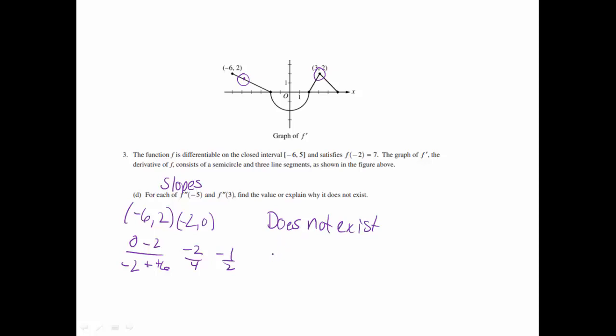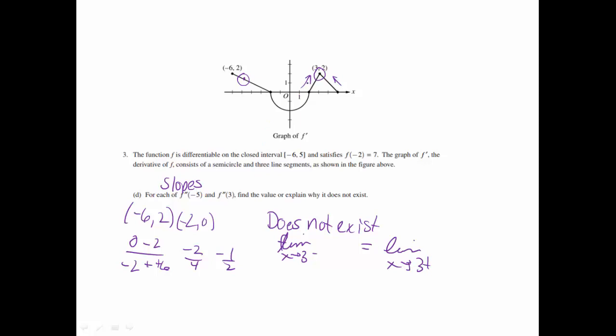However, I noticed on the scoring sheet that they did something a little different, so I would like to do that. If a value exists, we should be able to find the limit from the left is equal to the limit from the right. So the limit as x approaches 3 from the left of the slope should equal the limit as x approaches 3 from the right.